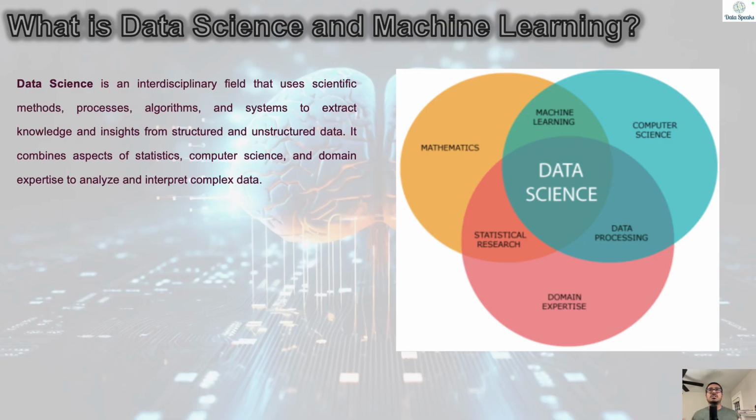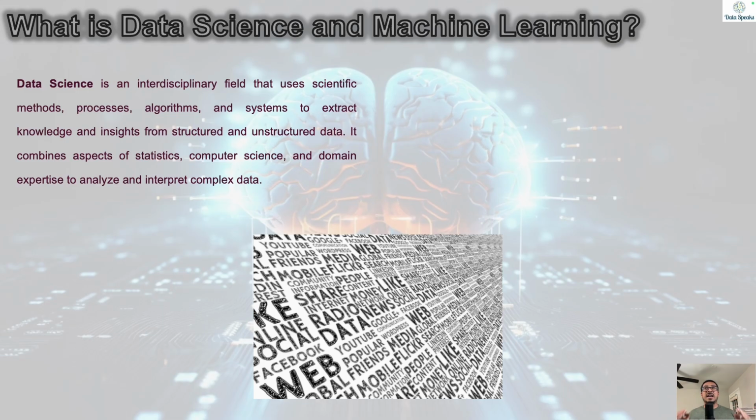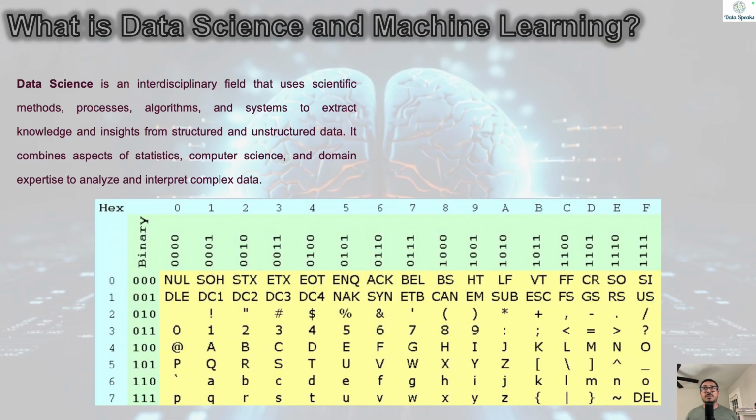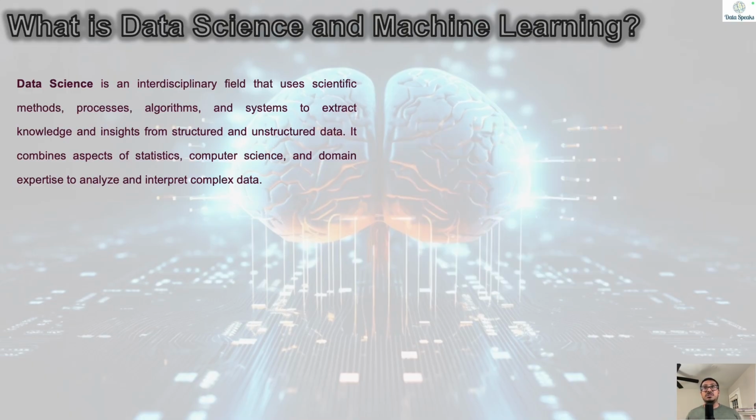Basically, it uses some kind of software and hardware systems to extract knowledge and insights from structured and also unstructured data. In the real-world scenario, there are many different types and structures of data. The data in the real world cannot be expected to be really great and ready to analyze.